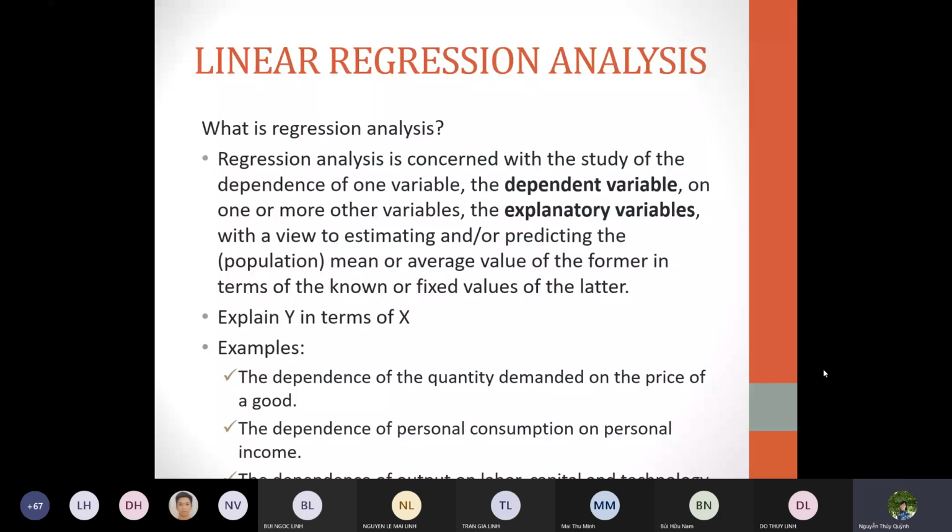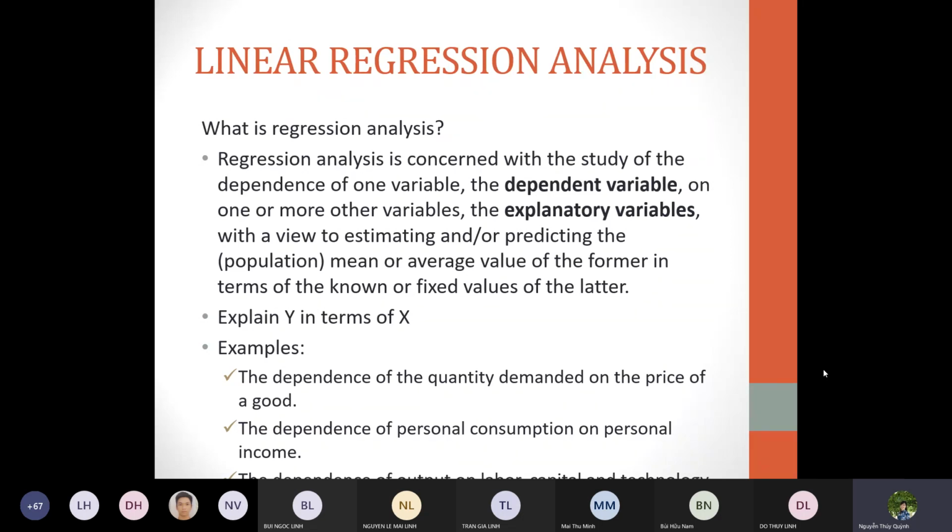Regression analysis concerns the dependence of one variable in the model, which we call the dependent variable, on one or more variables that we call the independent variables or the explanatory variables, in order to estimate the mean of the dependent variable, the conditional mean, when we know the value of the independent variables.